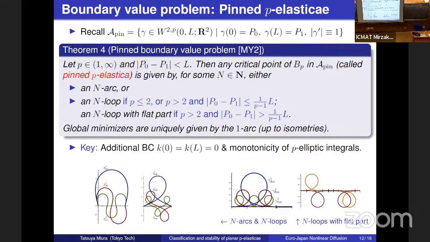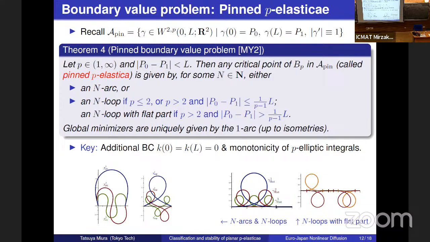And this makes the computation quite simple, because if we know this fact a priori, every possible critical point has a periodic structure in a sense, due to the fact that the curvature is given by p-elliptic functions, which are periodic. So just knowing this fact, we obtain a surprisingly good reduction to classify all the possible critical points.